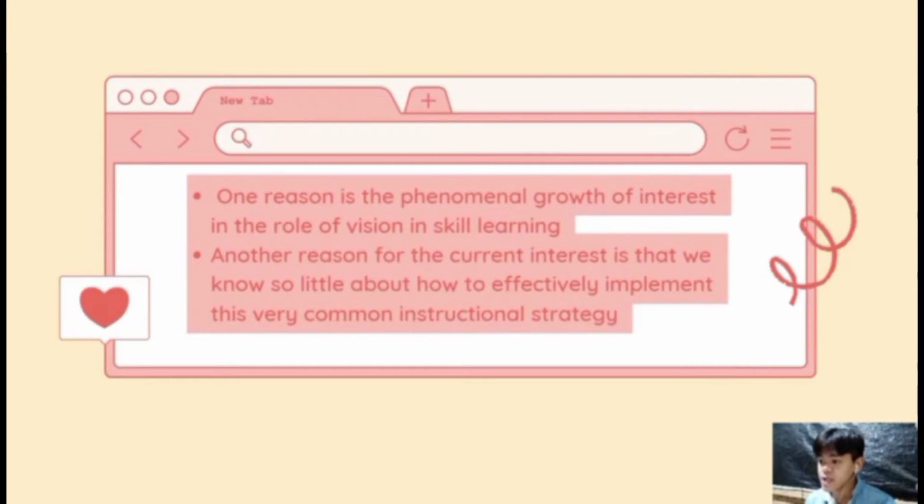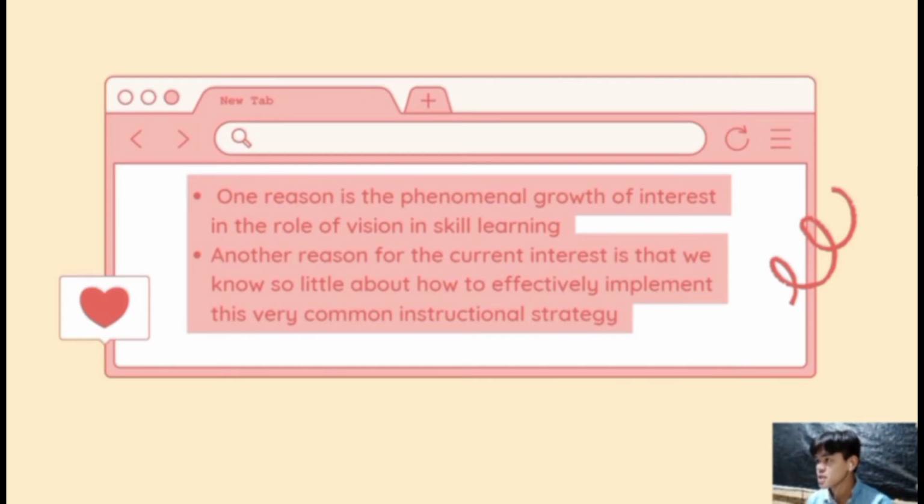One reason is the phenomenal growth of interest in the role of vision in skill learning. So the first reason why scientists and other people are starting to study demonstration is the role of vision, your sense of sight, and how it contributes or helps.